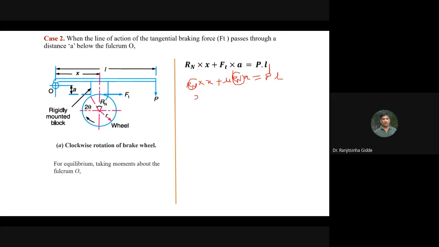So here X plus mu A into Rn is equal to P into L. And now we can write Rn is equal to P into L divided by X plus mu A.